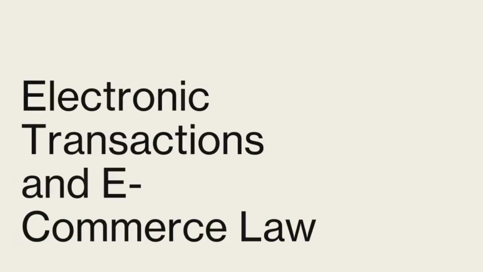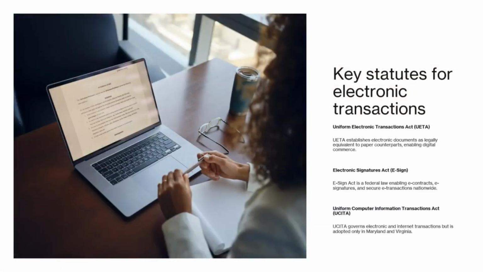We'll look at some key statutes now for electronic transactions involving the fluidity of e-commerce law and practitioner responsibilities. So the Uniform Electronic Transactions Act, or UETA, is the electronic document equivalent to the original paper counterpart.